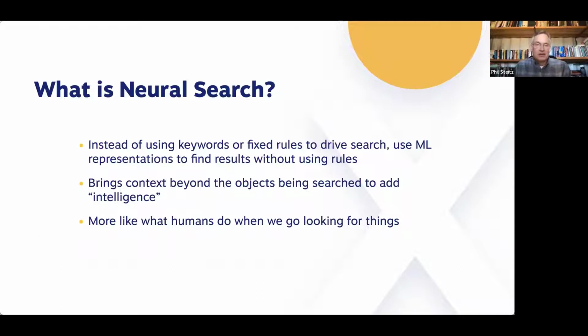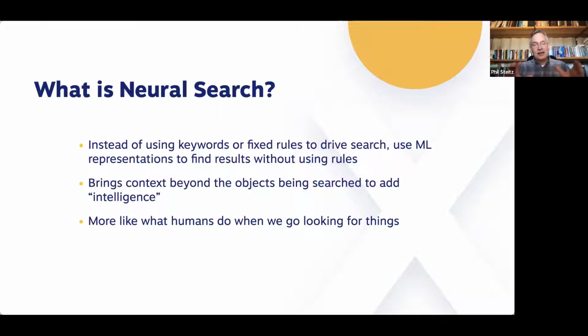What is neural search? At the highest level, neural search is an evolution of how we think about search. It moves away from searches that require fixed rules, where we zero in on keywords or other regex-type approaches to looking at objects under search.